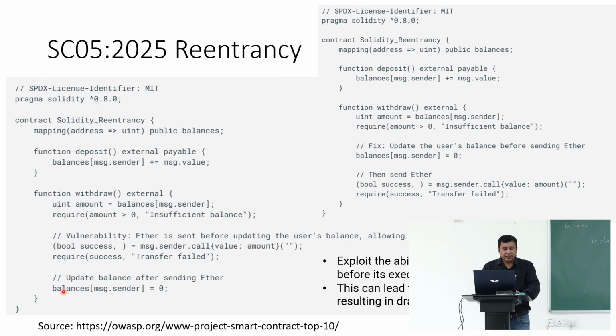But here the balance of the sender is not updated to 0. So ultimately, this function can be invoked continuously by the user, because the balance is not made 0, so the user can continuously withdraw the amount. Actually it should be 0 while sending the balance. So balance of the sender equal to 0 should come here. This bug can be fixed by updating the user's balance before sending the ether.